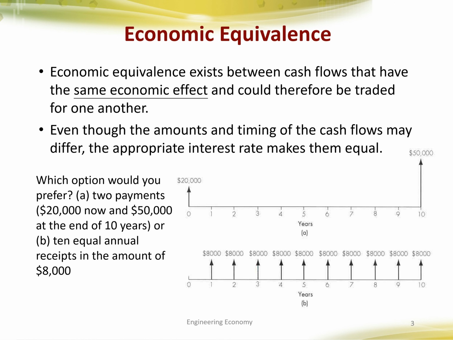So for example, in the following two diagrams, the top one, if you still remember our cash flow diagram, going up is income. So we have two incoming cash flows. One is 20,000, the other is 50,000, and they occur at two different time points. One is present and the other is after 10 years.